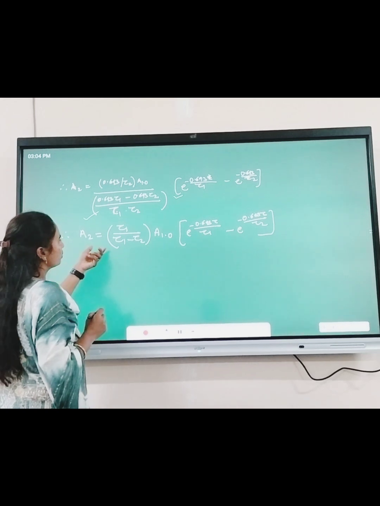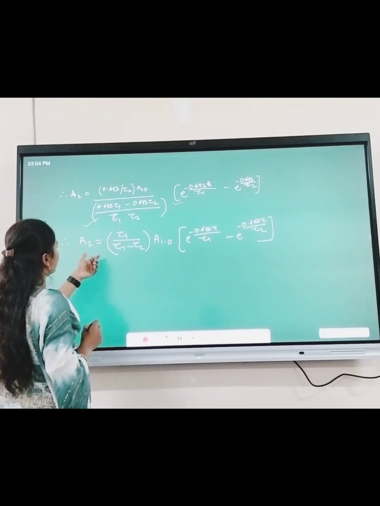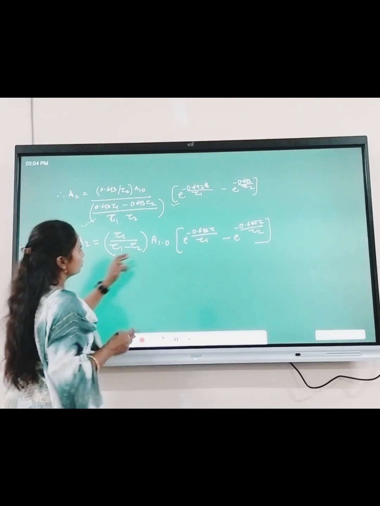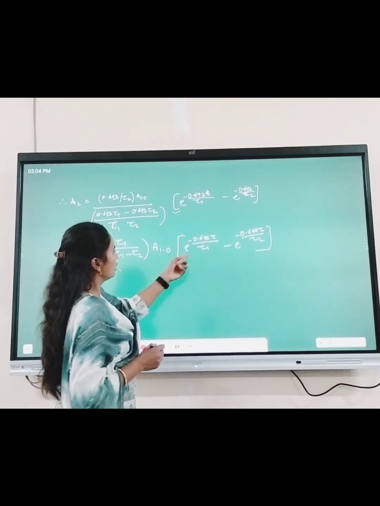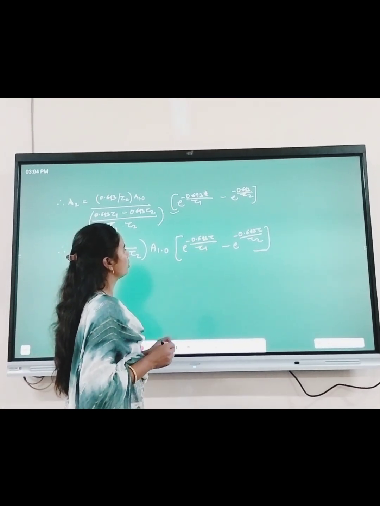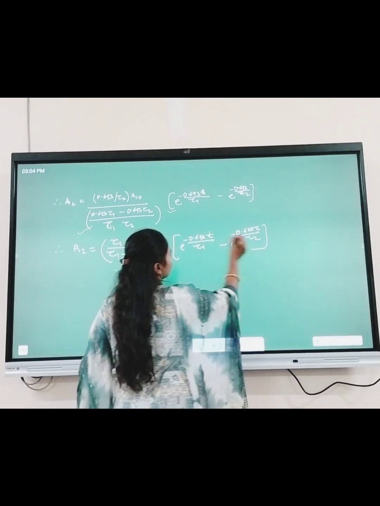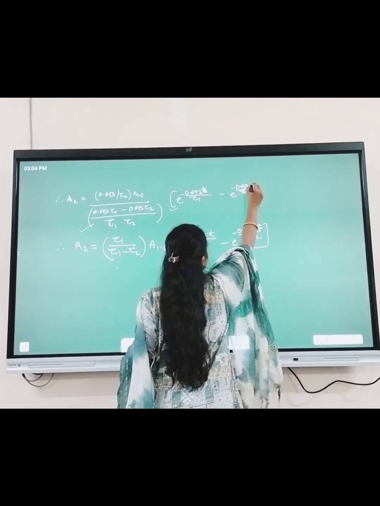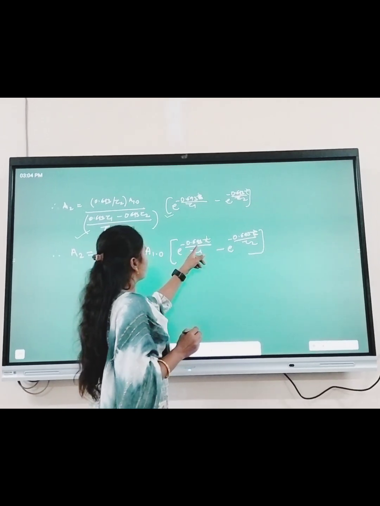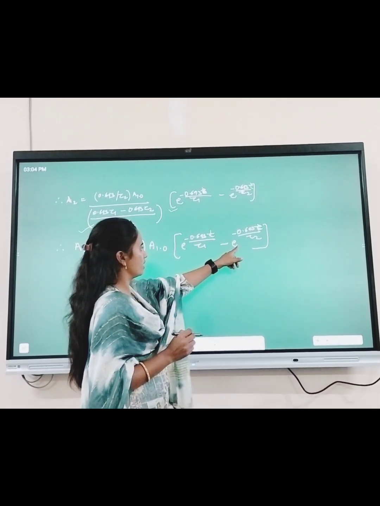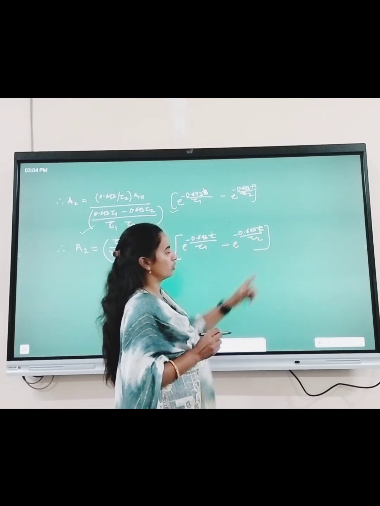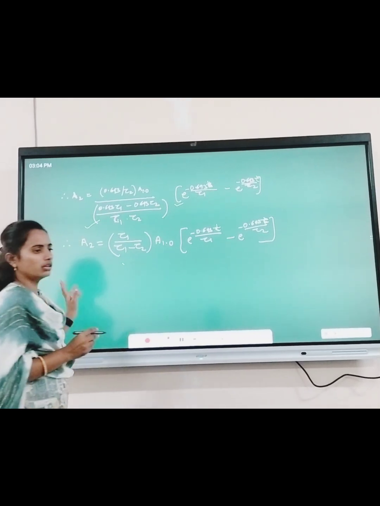Therefore we have the equation. After solving this we have A2 is equal to tau 1 divided by tau 1 minus tau 2 into A1.0, e raised to minus 0.693 t divided by tau 1 minus e raised to minus 0.693 t divided by tau 2, and this is our equation.